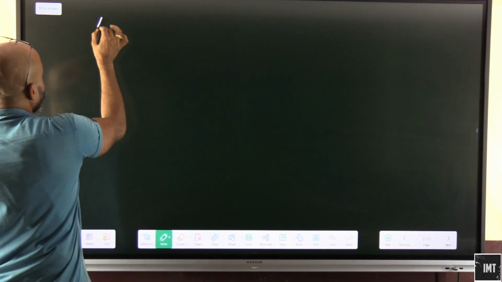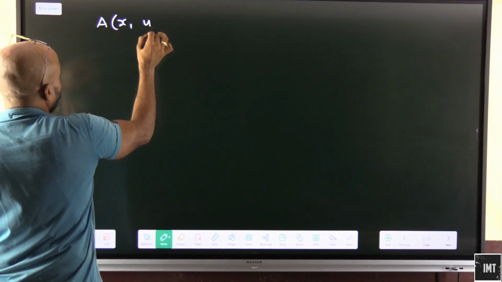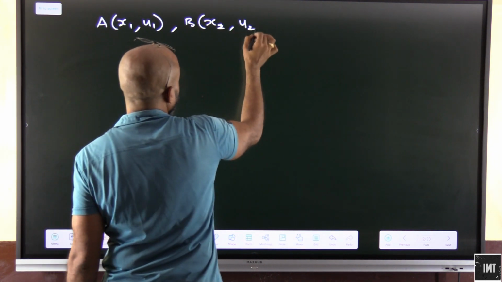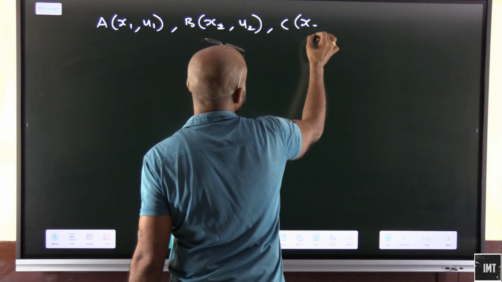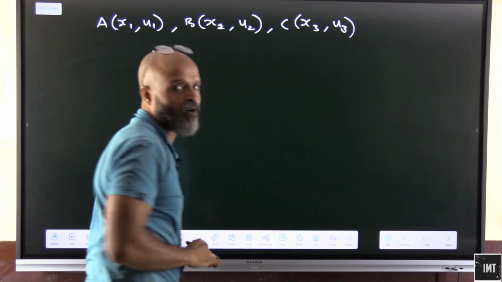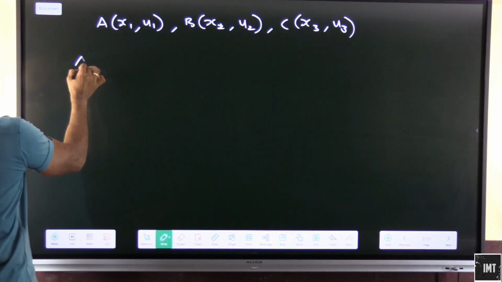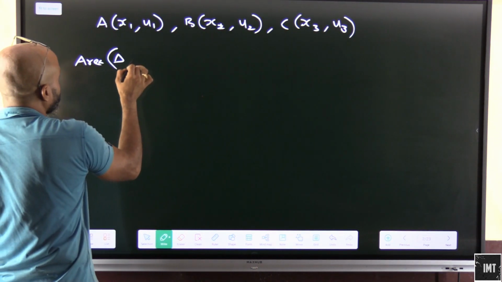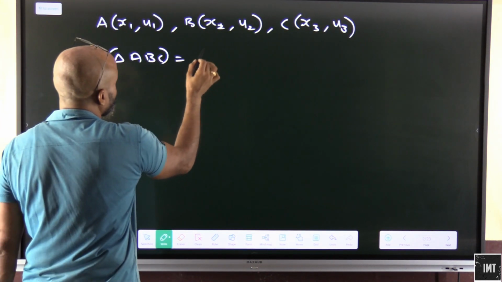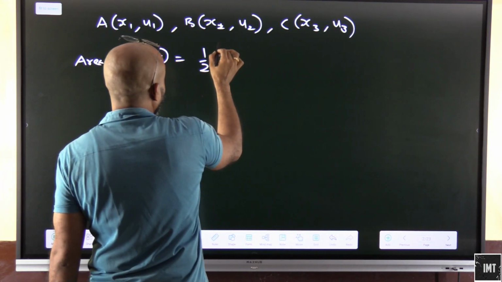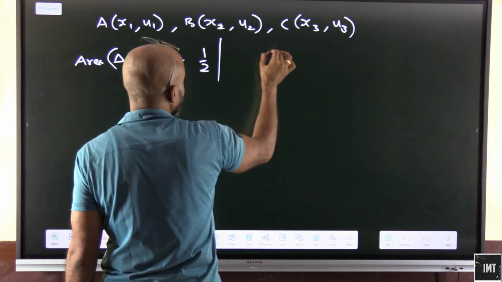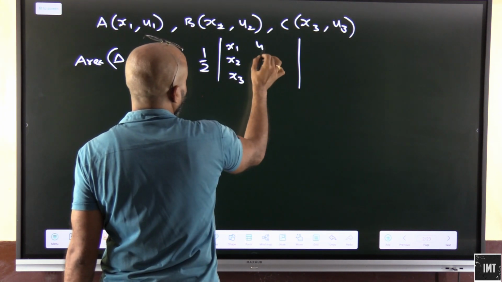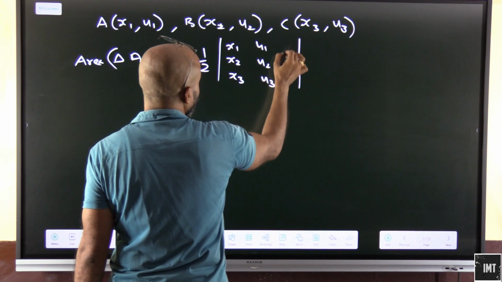Just a reiteration. If A is x1 y1, B is x2 y2 and C is x3 y3, the vertices of a triangle, then the area of triangle ABC will be equal to half of the mod of the determinant x1 x2 x3, y1 y2 y3, 1 1 1.